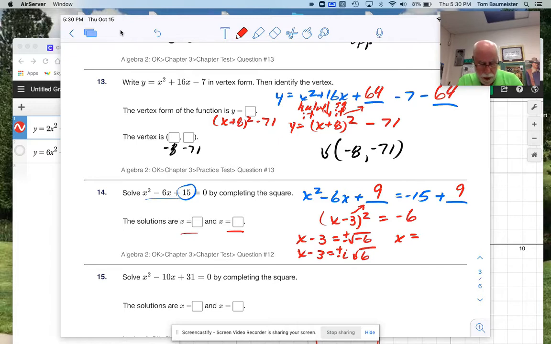So if I put it in front, I'm going to have x equals 3 plus or minus i root 6. You have to put both because it didn't say round or anything. So one of our answers is going to be 3 plus i root 6. Our other answer is 3 minus i root 6.